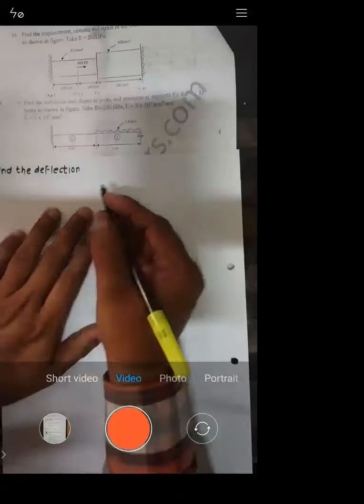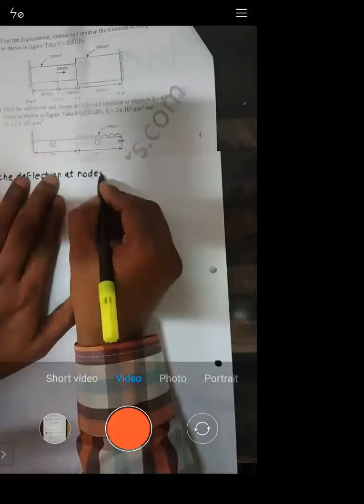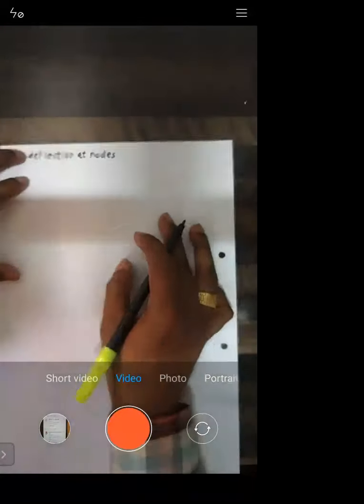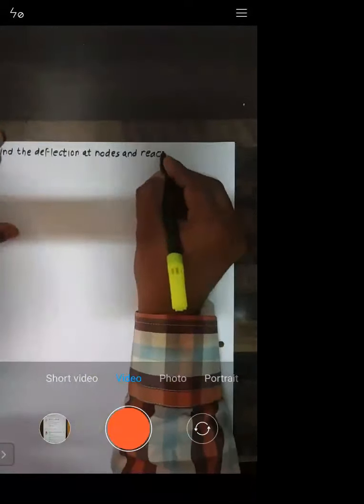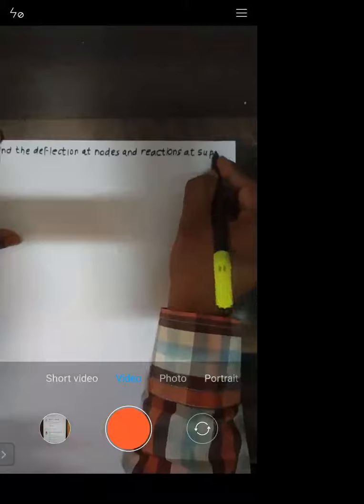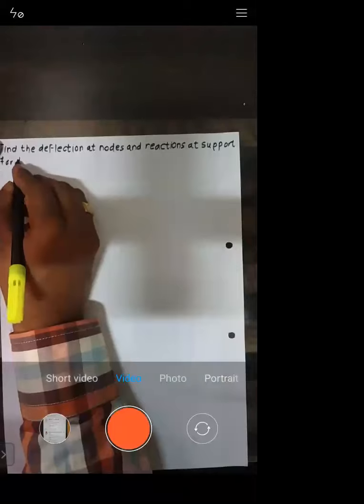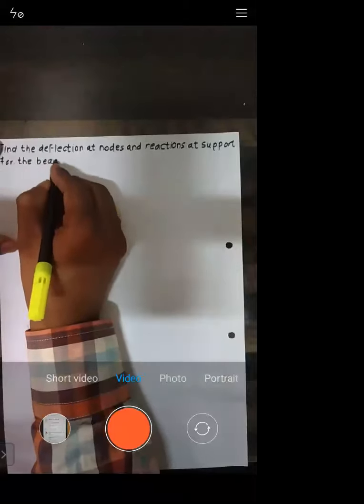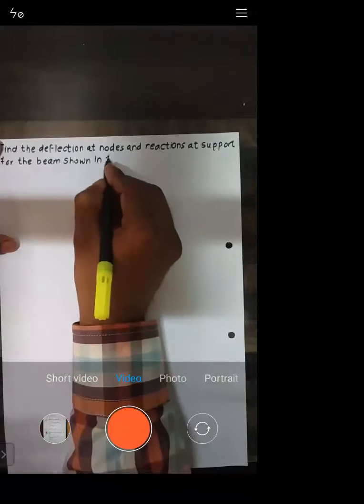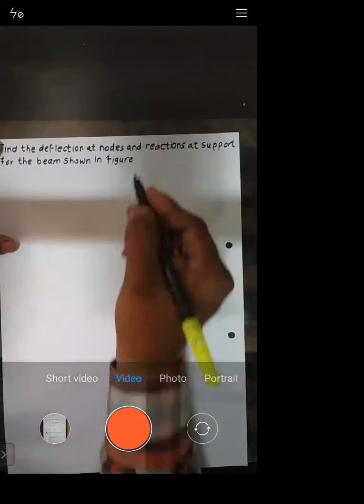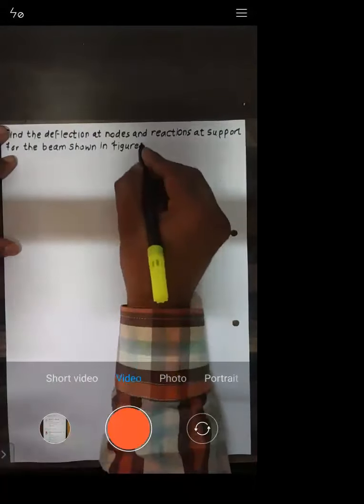So find the deflection at nodes and reactions at support for the beam shown in figure.